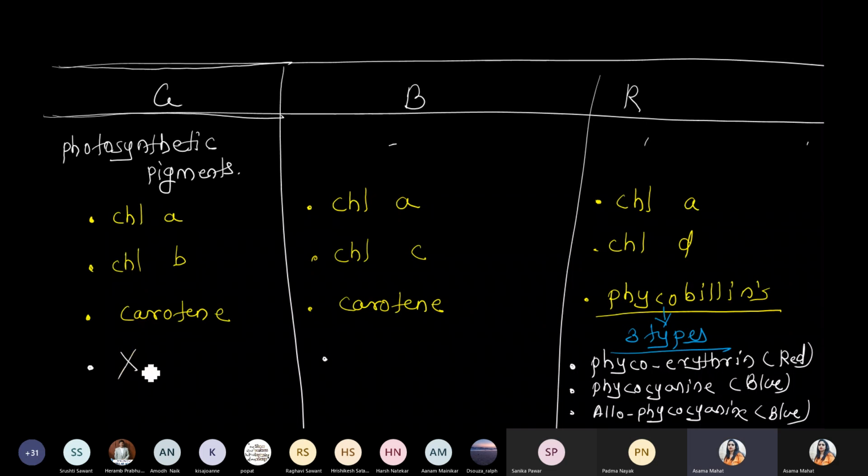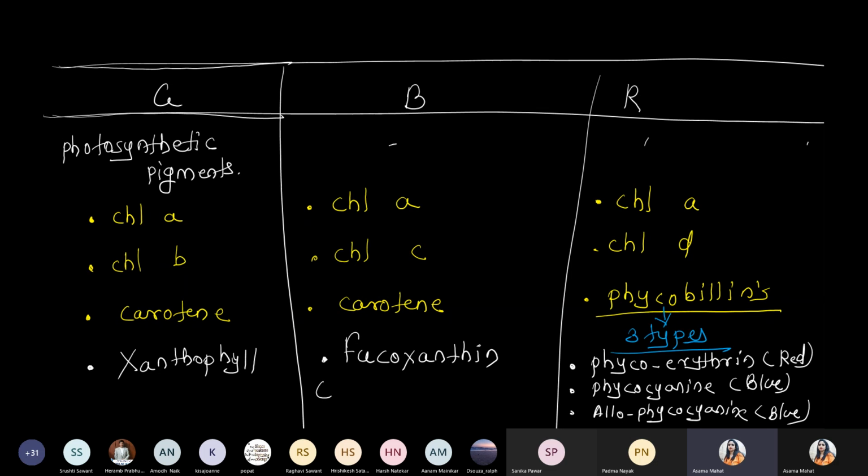So xanthophyll is present in green algae. But in case of brown algae, there will be a quite a modification. It is xanthophyll only, a specific type of xanthophyll, and here we are talking about the very specific fucoxanthin. That xanthin is called fucoxanthin. And fucoxanthin means a modified xanthophyll, or one specific type of xanthophyll.